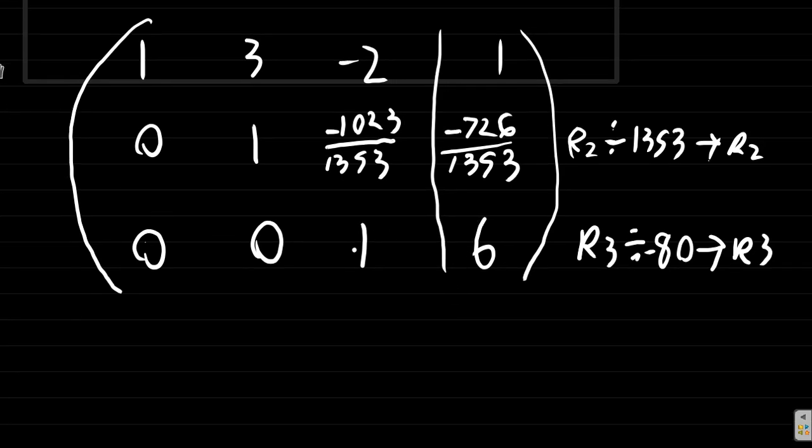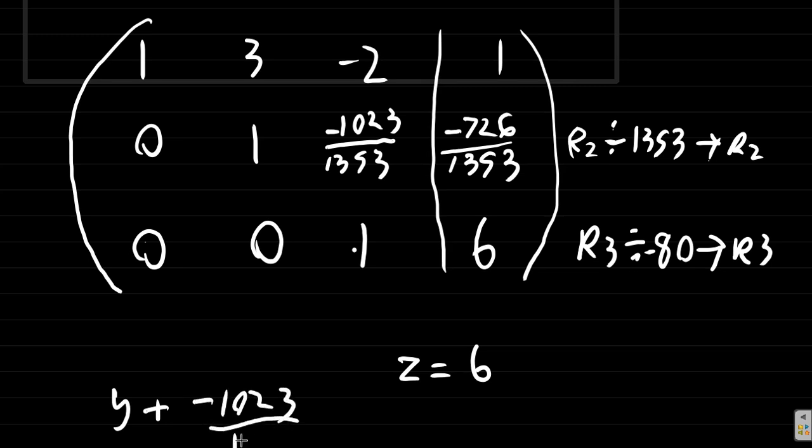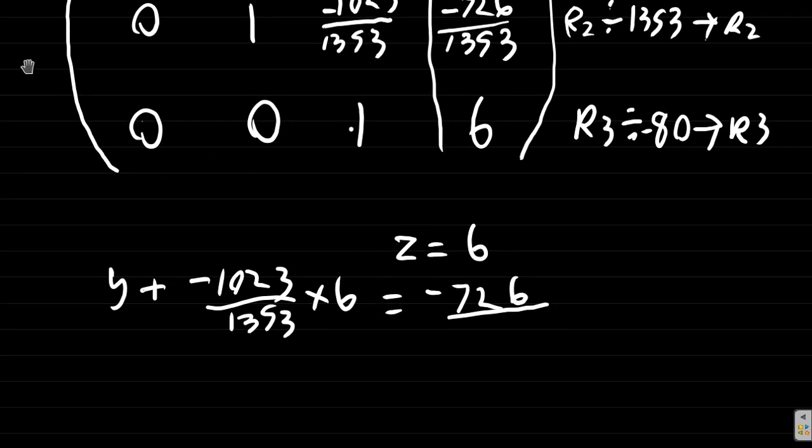Now here we can see that z is equal to 6. Then we put z up here and say 0x plus 1y plus negative 1023 over 1353 times 6 is equal to negative 726 over 1353.